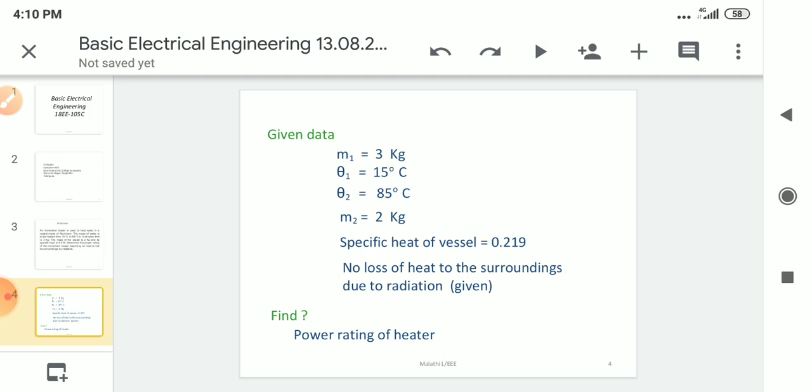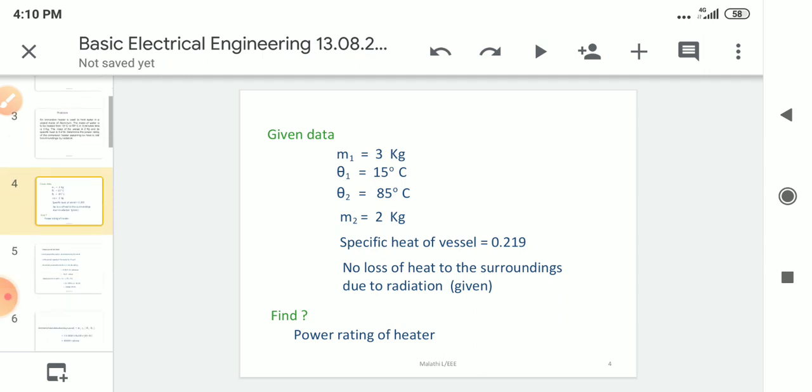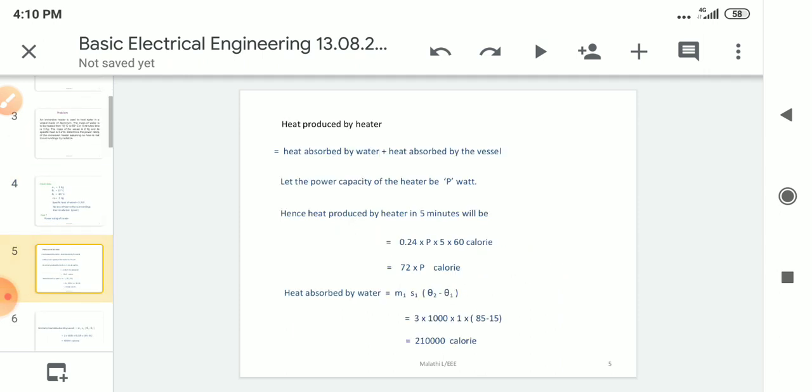Specific heat of vessel is equal to 0.219. Losses need not be considered. That is the given data. What you have to find? We have to find the power rating of the heater. VI value we have to find.